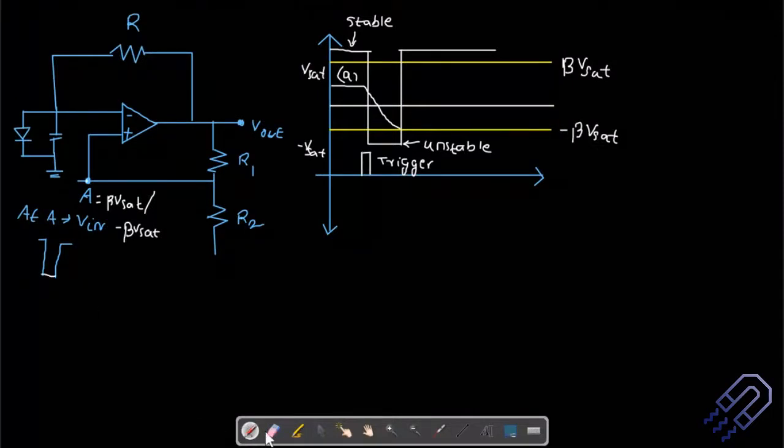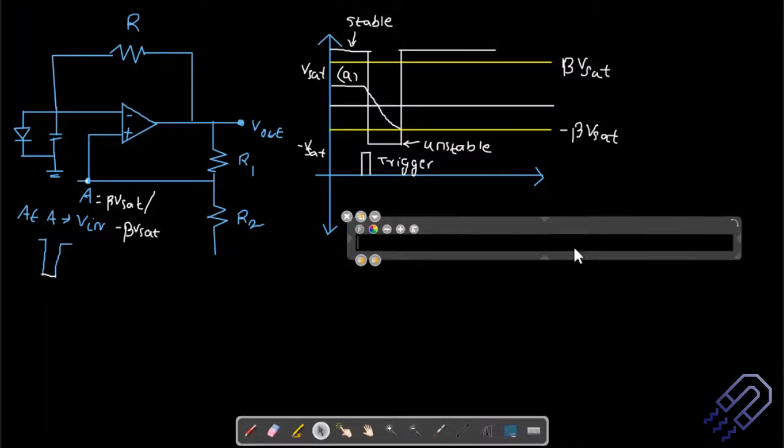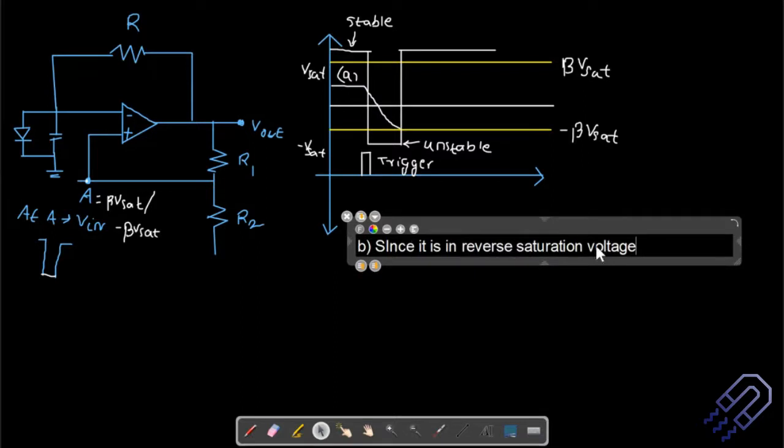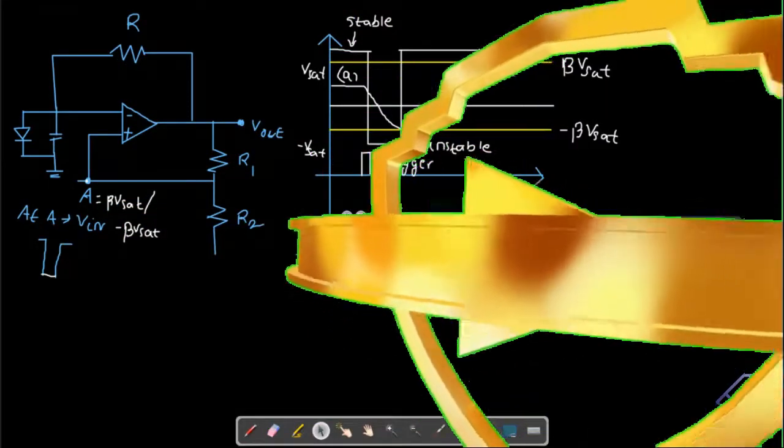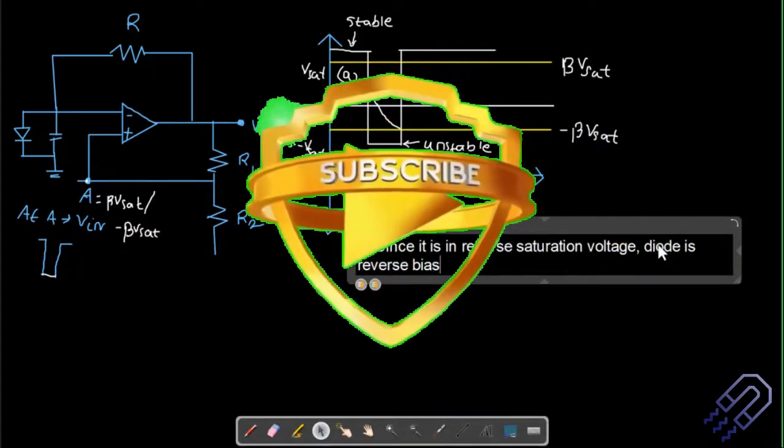What happens to V now? I will give you the point V now. Since it is in reverse saturation voltage, we can say the diode is reverse biased. We would need to know the property of a diode: reverse bias.